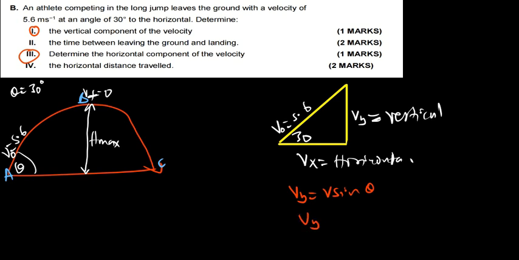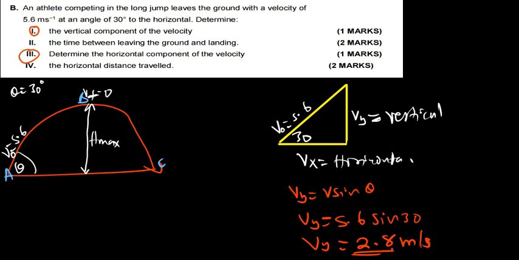So vy will be equal to the velocity 5.6 sine 30 degrees. So my vertical component, I'm expecting it to be 5.6 sine 30, 2.8 meters per second.